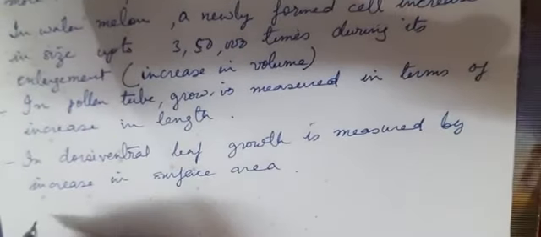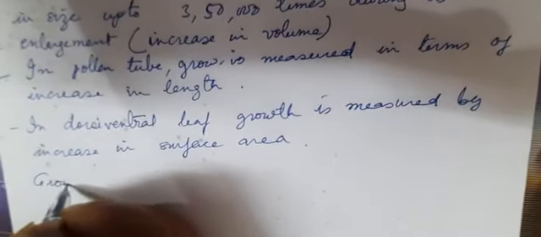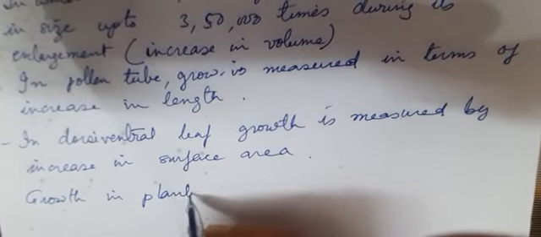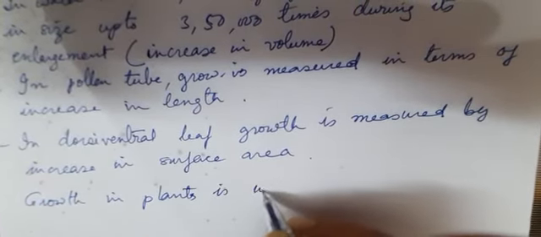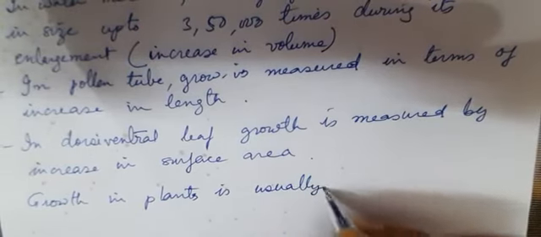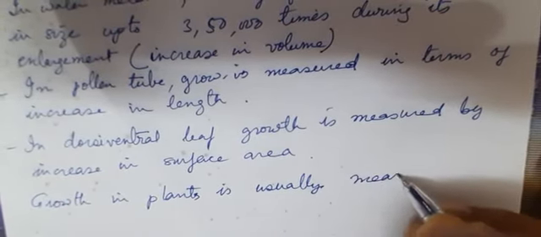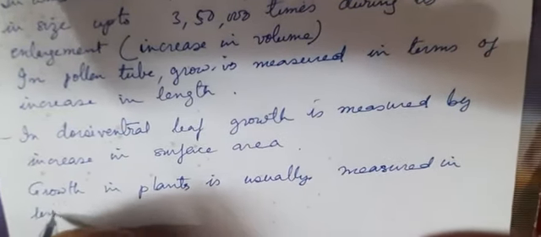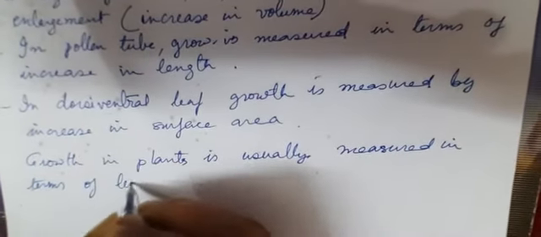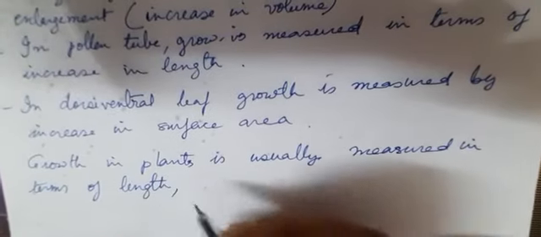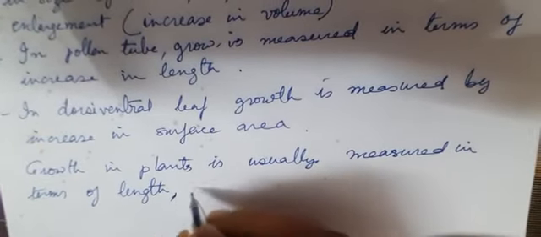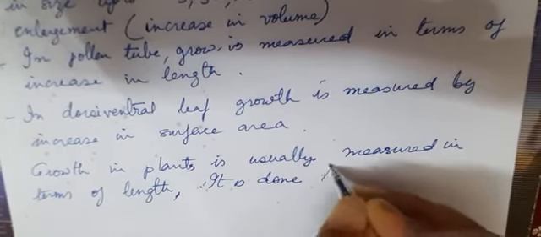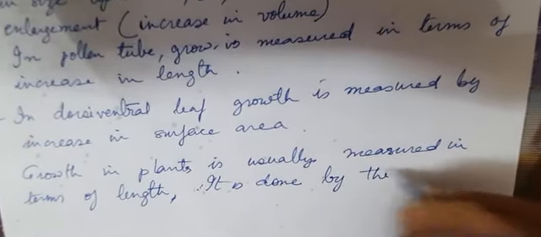So, thus we can say that growth in plants is usually measured in terms of length, and it is done by the following methods.